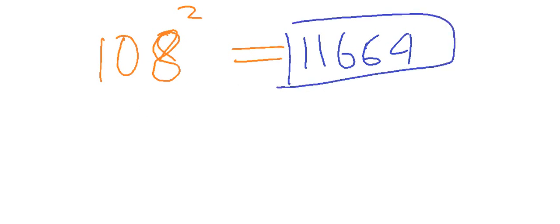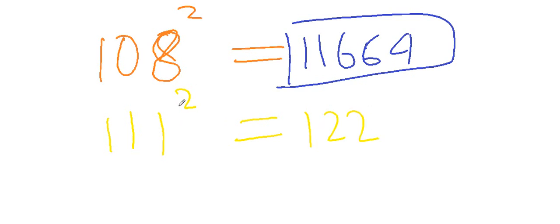Easy. Let's take another example. Let's say we have the number 111 and we want to calculate the square. We have a difference of 11, so we add double of 11, which is 22, to 100. So we have 122.